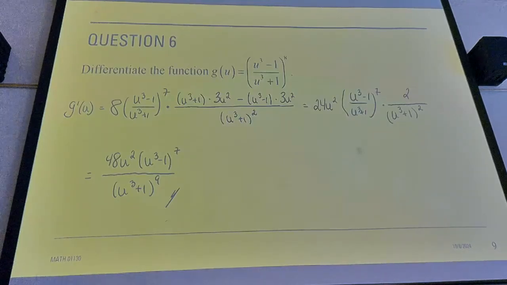Again, the idea is to always write your solution function in the simplest way possible. So what is easier? Taking the derivative of this or taking the derivative of this? And that's the way I want to write it.